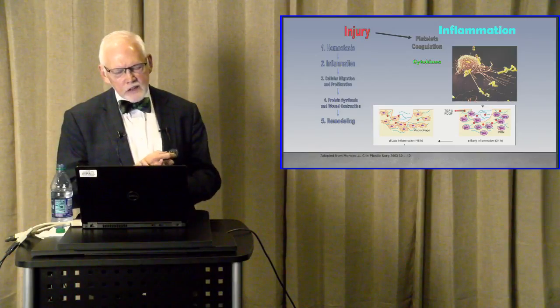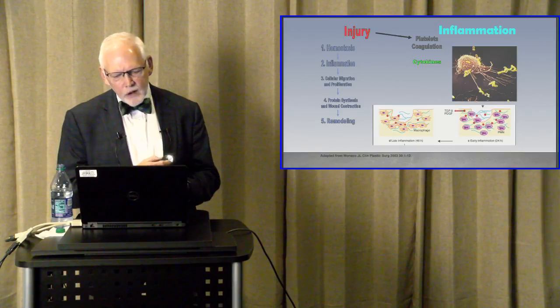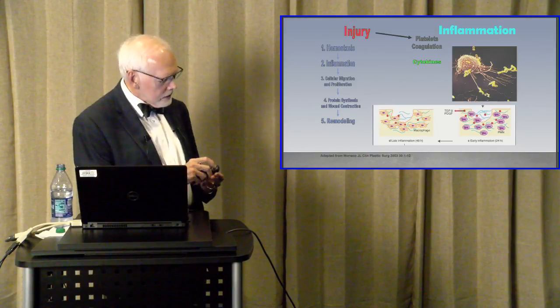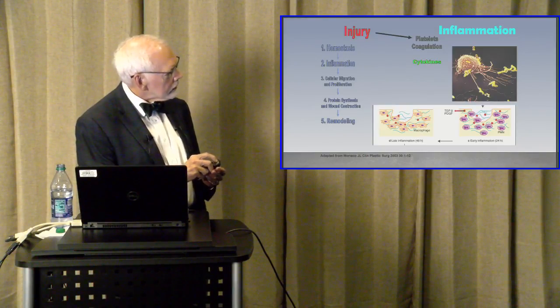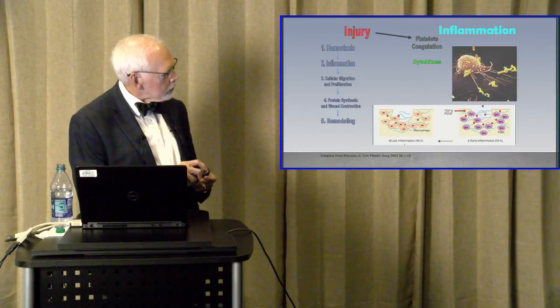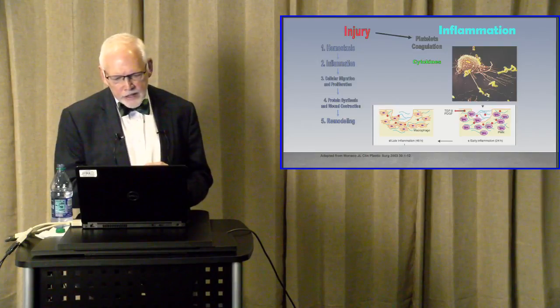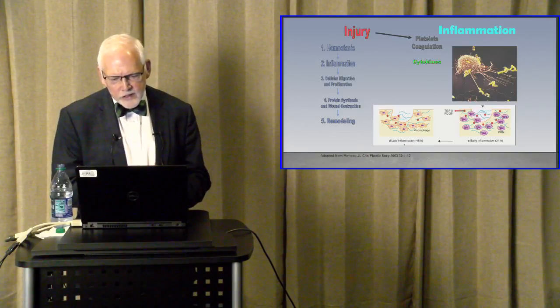The next phase is inflammation, where because of some of the cytokines, again, that are involved in the wound healing process, the cells come that need to be there for that particular stage of healing.